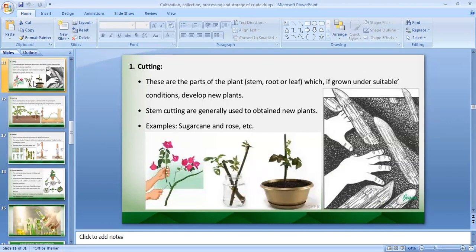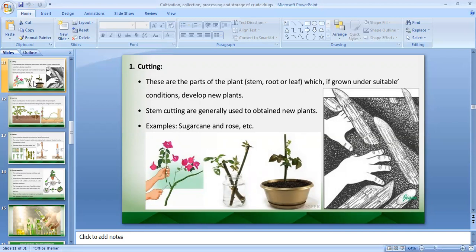First is cutting. A part of the plant such as stem, root or leaf, if grown under suitable conditions, develops into a new plant.